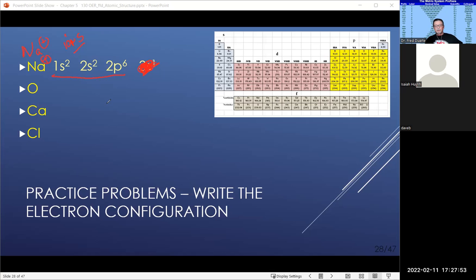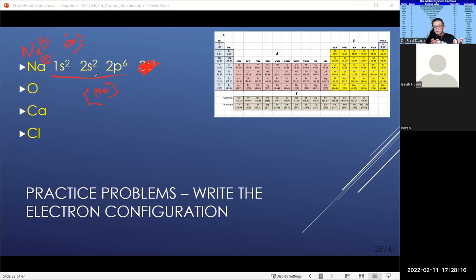No. What element? Neon. This looks like neon, okay? As far as the electron configuration, it is not neon, but keep in mind that I didn't say by losing one electron, it becomes neon. What I said was by losing one electron, sodium now has the electron configuration of neon.